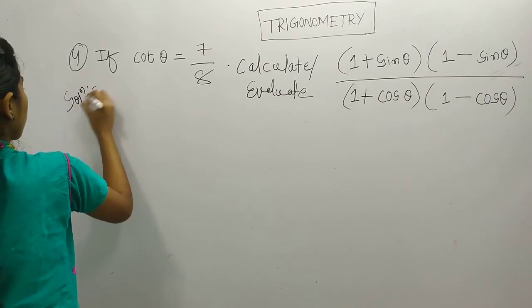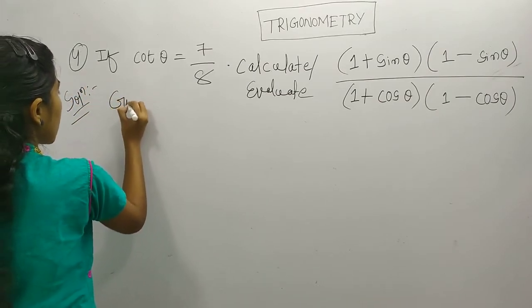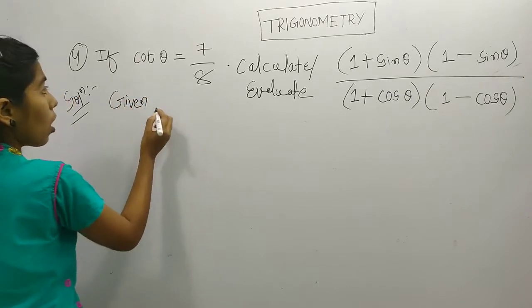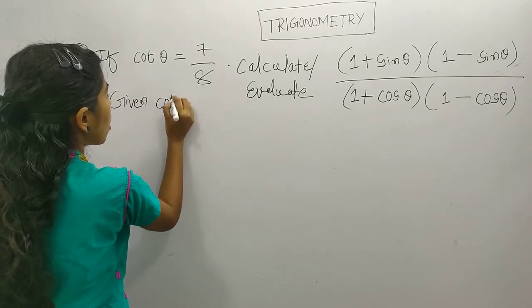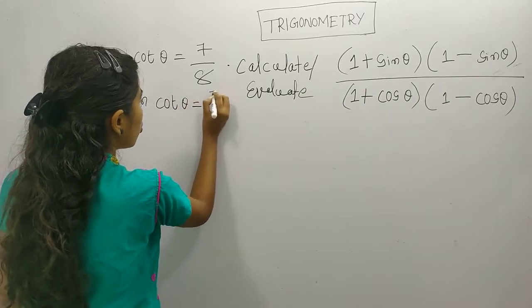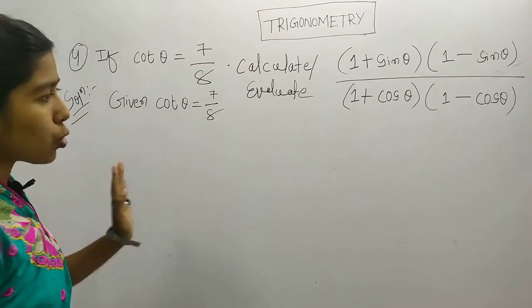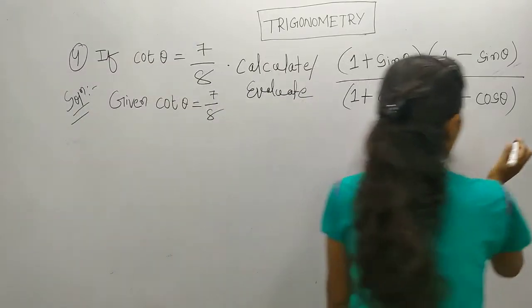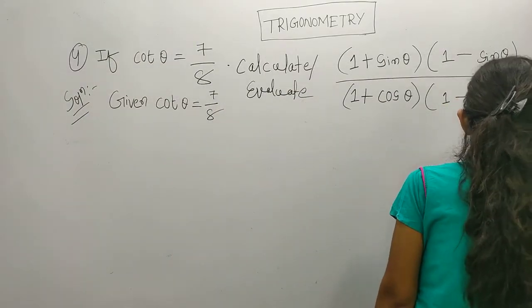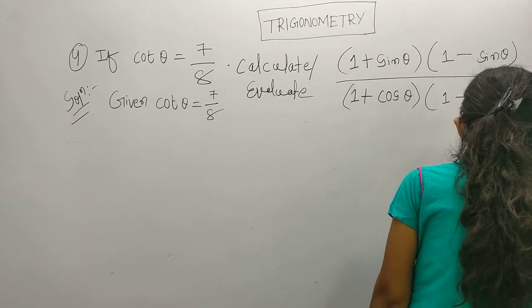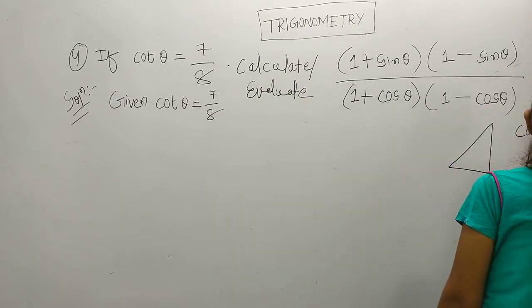Okay, let's see what's given in the question. Solution. First we have to write the given. What is given in the question? Cot theta equals 7 by 8. So our duty is first to draw the triangle. Here you draw one triangle. What is the cot theta formula?